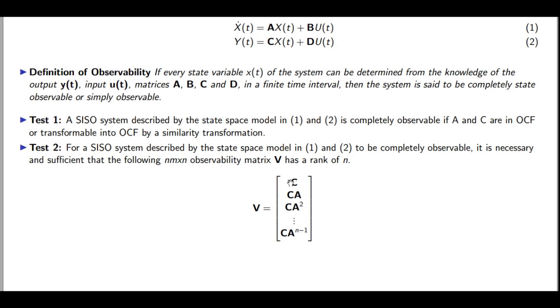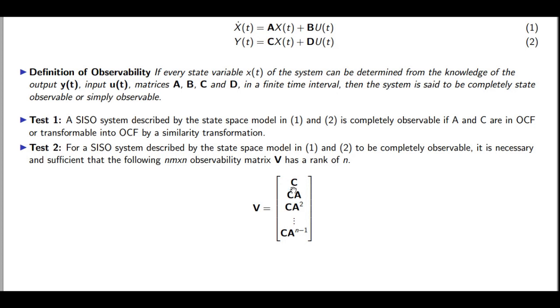The number of rows in C is the number of outputs, and this is repeated n times. If the number of outputs is m, the number of rows is m into n and the number of columns is n, so the size of this matrix is mn cross n, and the maximum rank of this matrix is n.